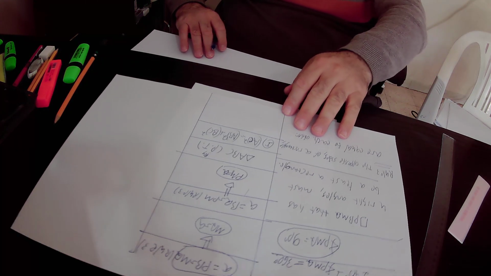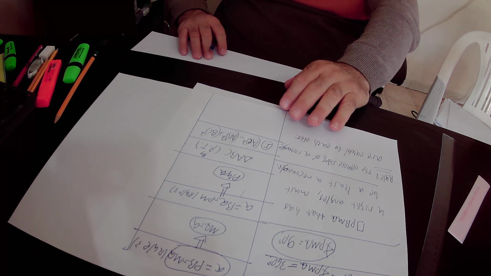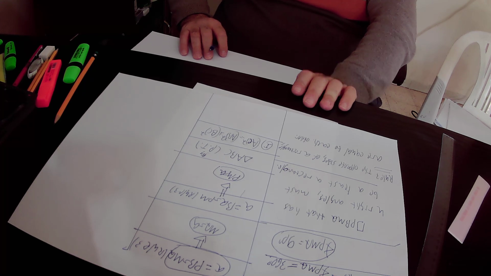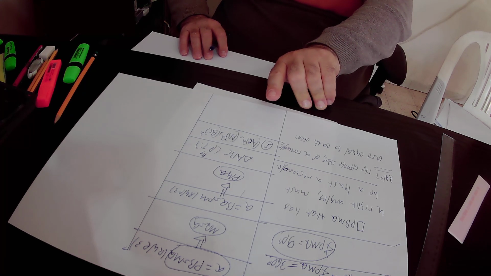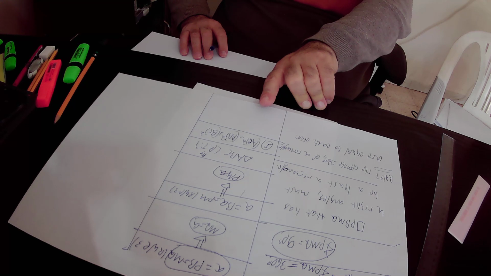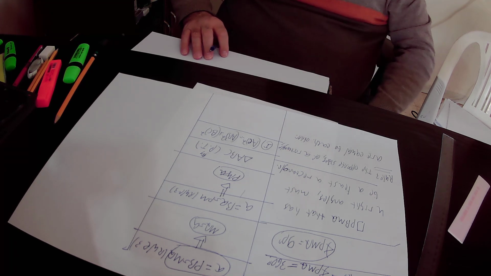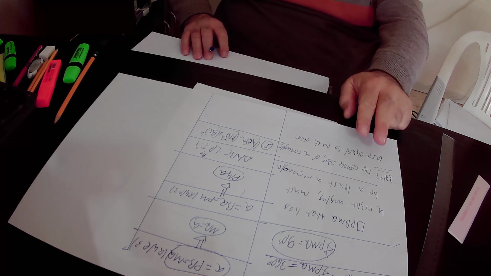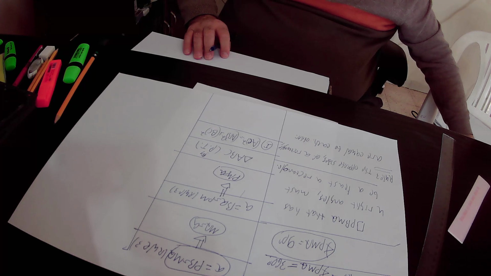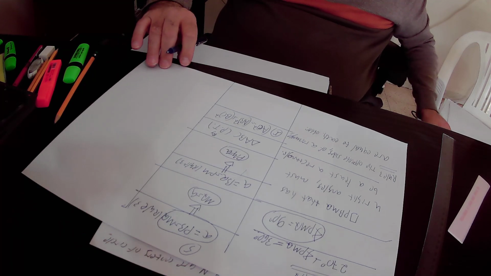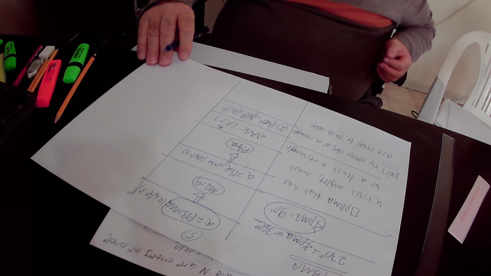I repeat again, according to the Pythagoras theorem, the square of the hypotenuse equals the sum of the squares of the perpendiculars in the right triangle ABC. That is to say, AC squared equals AB squared plus BC squared. Okay? But we have only found out that AC equals 24 minus 2A.